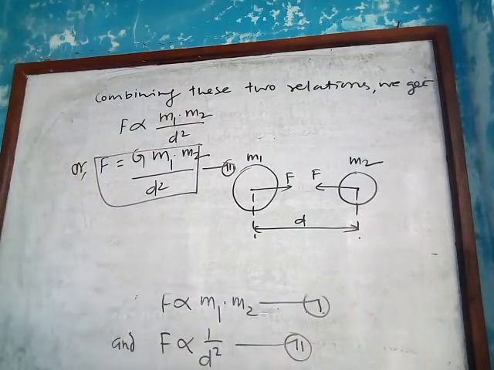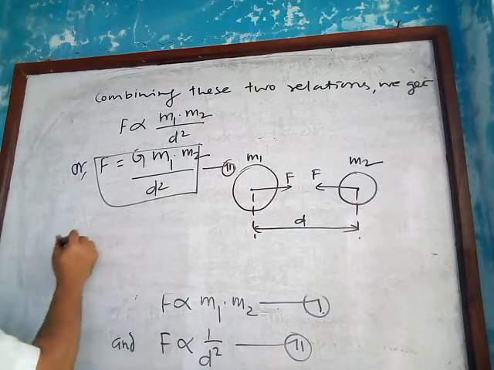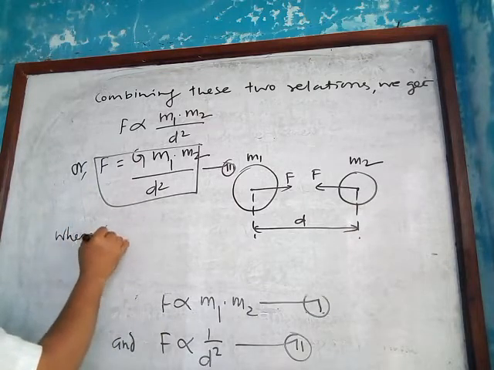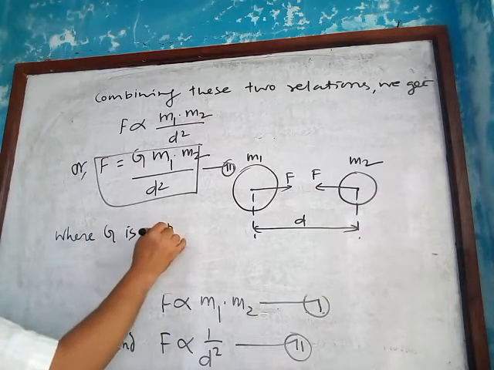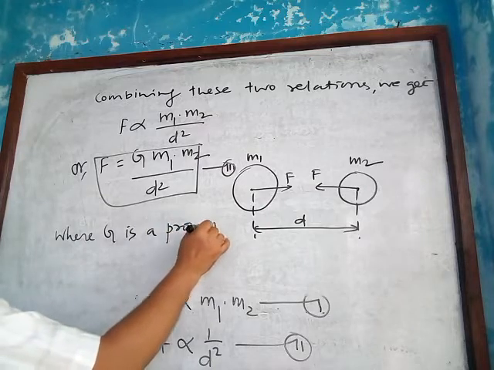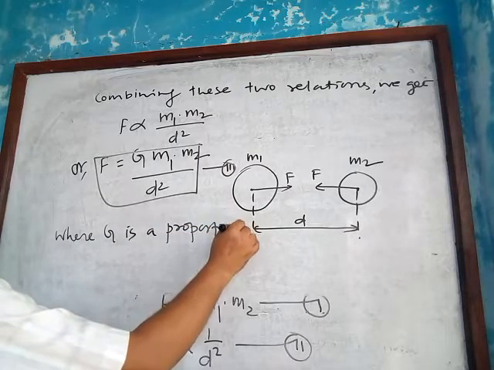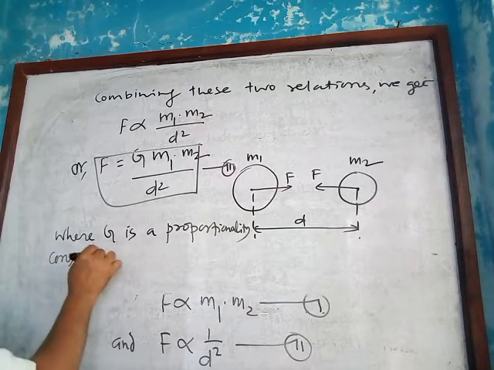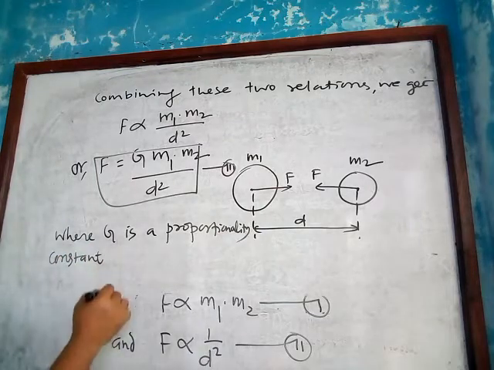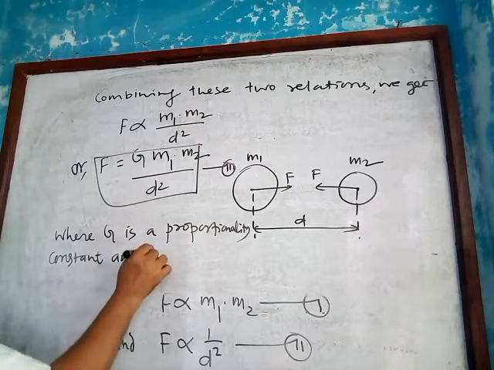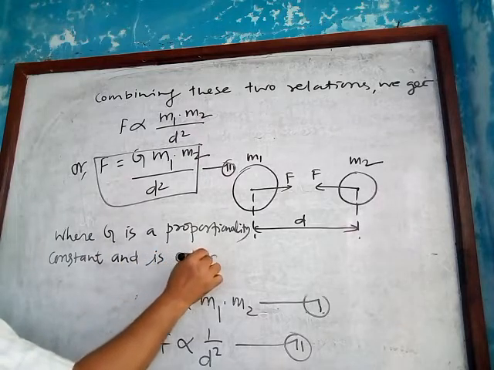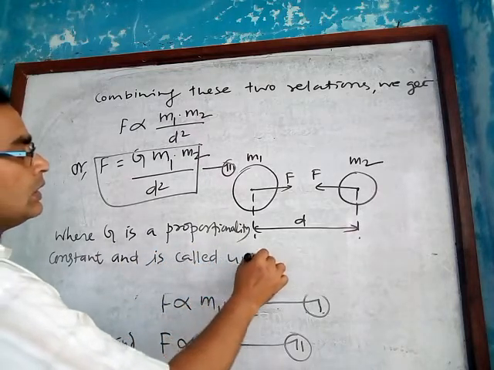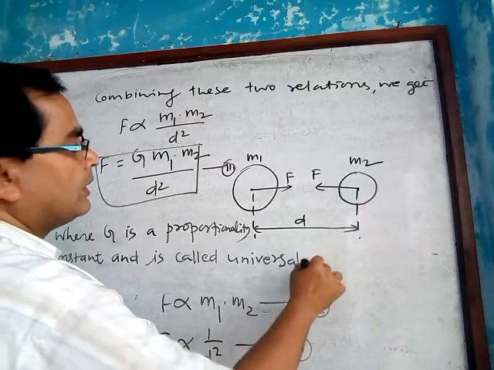Okay, where G is a proportionality constant, and is called the universal gravitational constant.